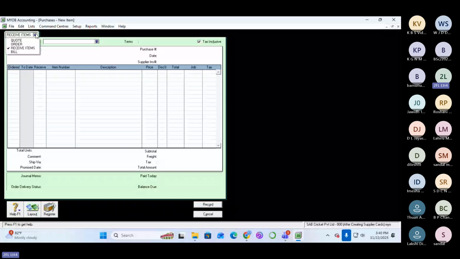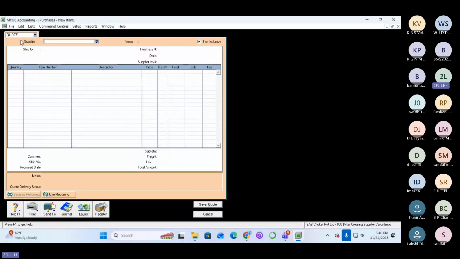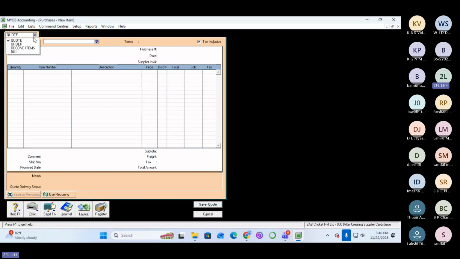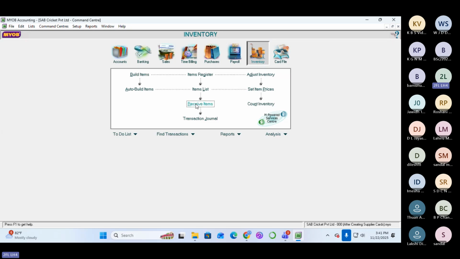From here, you can even change it to quotation. You saw this format last week, and you can again change it to order, or to bill. So this is the same format that receive items leads to.